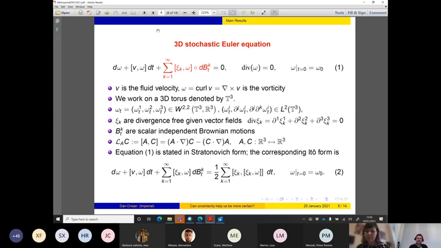So what did I do so far? I explained my motivation. I explained why I'm looking at the Euler equation. I explained how I'm introducing noise into the Euler equation through perturbing the evolution of these particles of fluid. And now I'm going to show you the result.